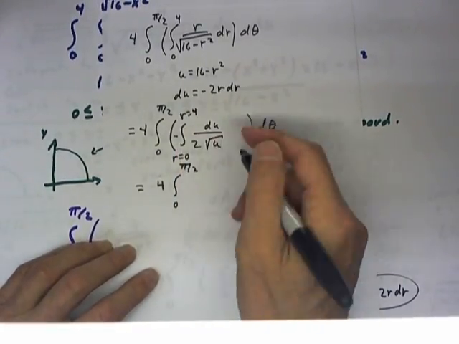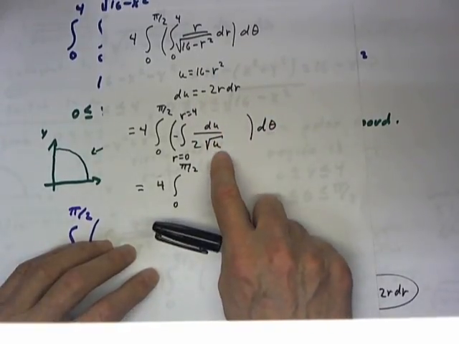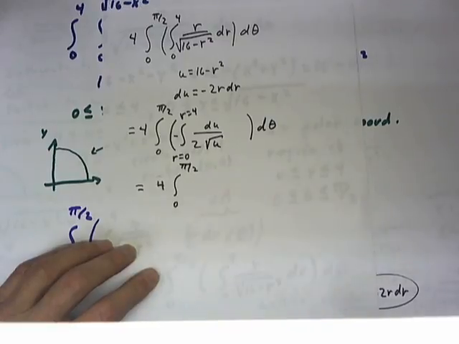Okay, my antiderivative of du over the square root of u, well, that's just an antiderivative of u to the negative 1/2.